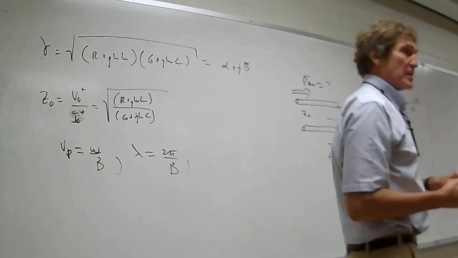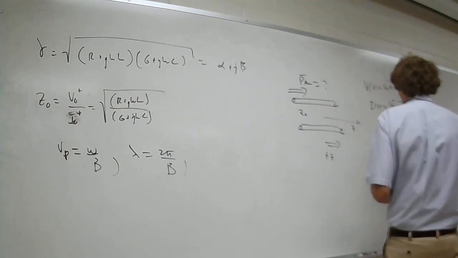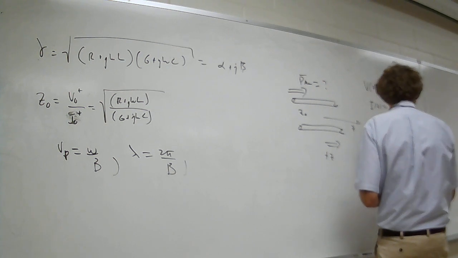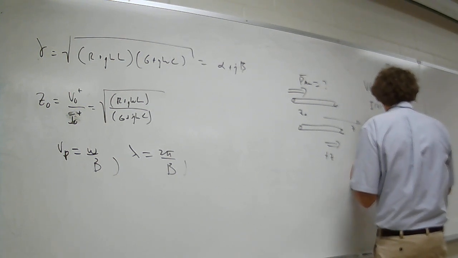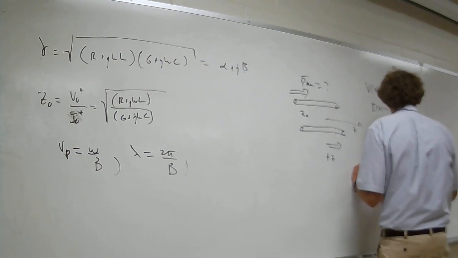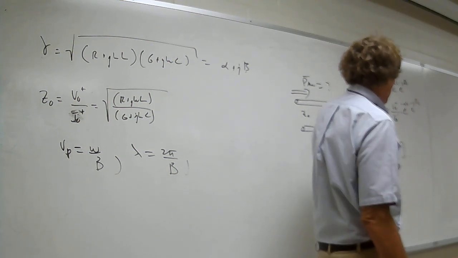I'm just restating what I said before. If you have this, and you go ahead and get the average power flow, in the phasor domain, it's equal to one half times the real part of V times I conjugated.